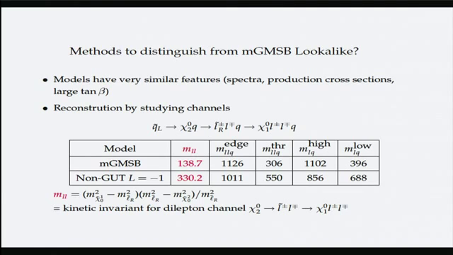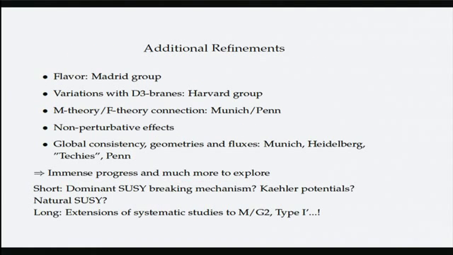Okay, cool. So I think I have about 2 minutes left, so let me just summarize a little bit what we've gotten up to. There are a lot more refinements in this whole study of string phenomenology. We haven't really talked at all about flavor physics, and there have been lots of claims about flavor physics.